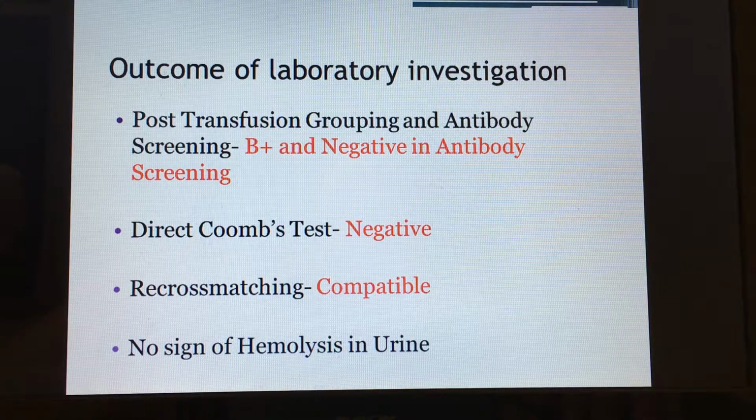This is the outcome of the laboratory investigations. The post-transfusion grouping and antibody screening were the same as the pre-transfusion results: the patient was B positive and negative in antibody screening. The direct Coombs test was negative and the recrossmatching was compatible. There was no sign of hemolysis in the urine.